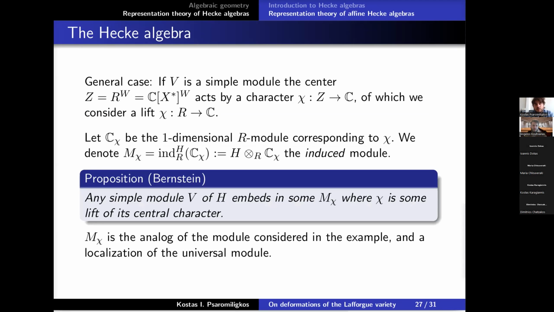So by this proposition, since every simple module embeds in M here, we can just study this M here. In our example, and actually in general, this module was irreducible generically. It was irreducible almost everywhere.